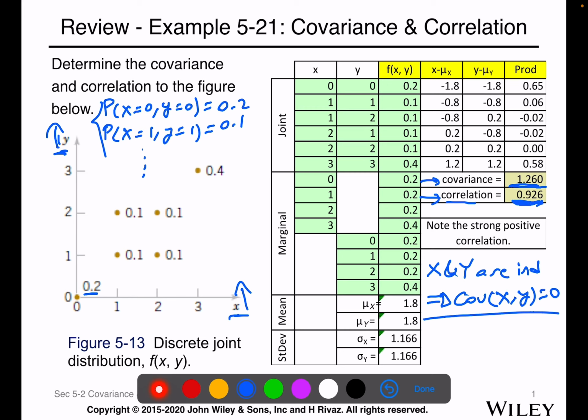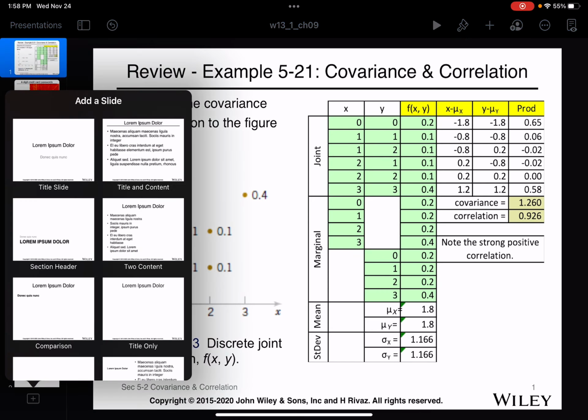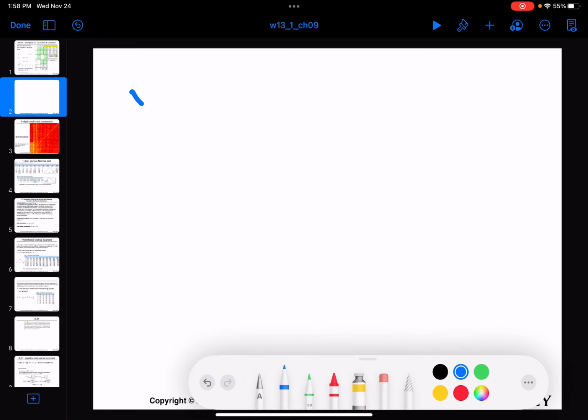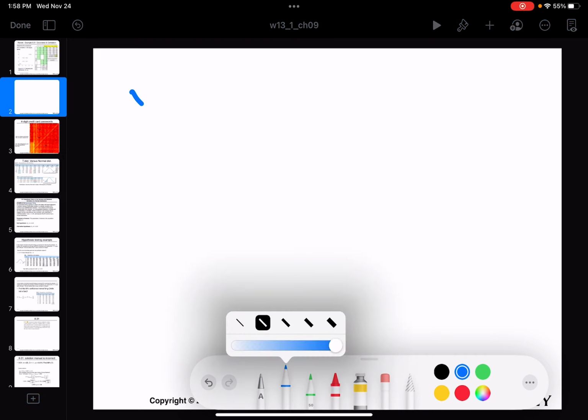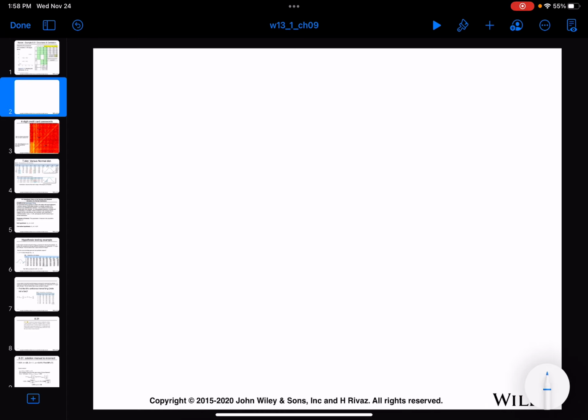So to show independence, that's a good question. Let's say that your interest is to test whether X and Y are independent, right?